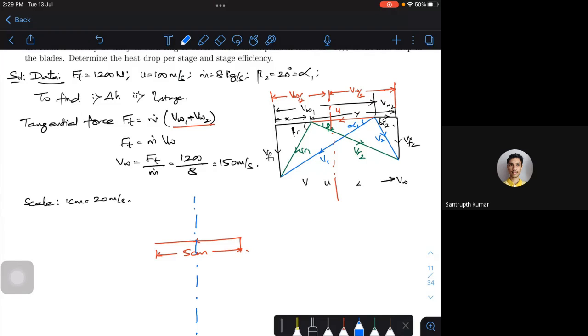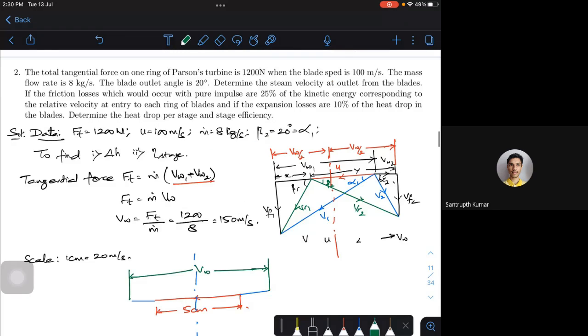So I get a point at 1.25 centimeters. Similarly, I can draw another 1.25 centimeters to the left hand side, and this is your VW, which is equal to 150 meters per second.